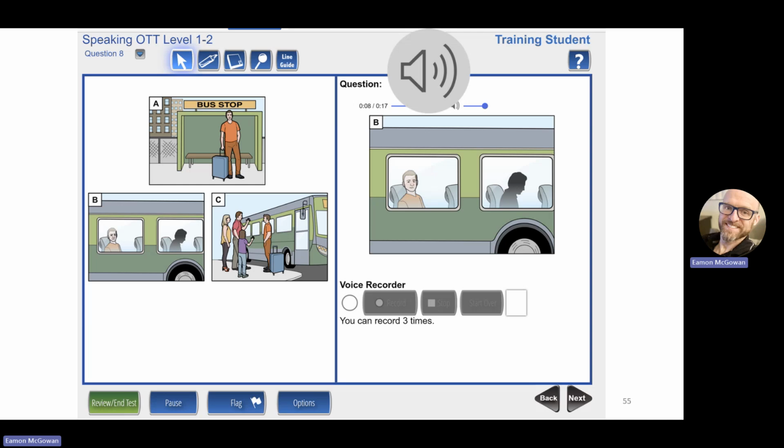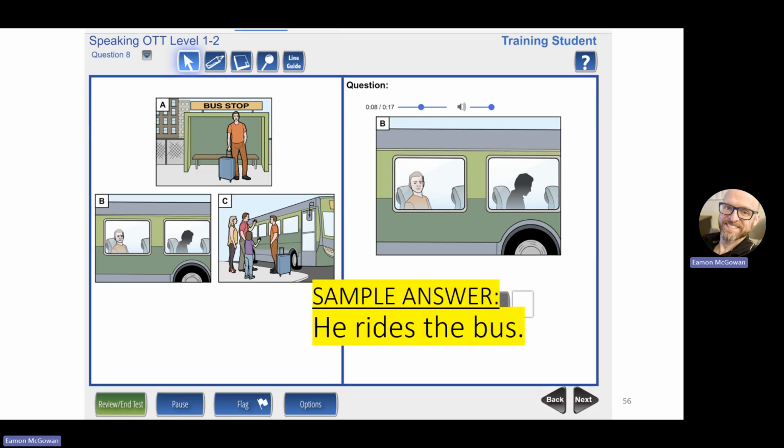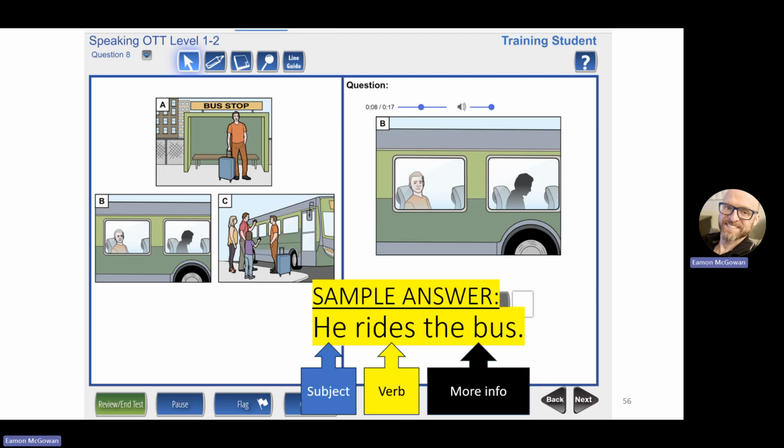And this is a great opportunity to have students share with each other, share in the chat, and he rides the bus. And again, grammar, reinforce those full sentences because they do get points for correct grammar. If they have grammar mistake, they do lose points.